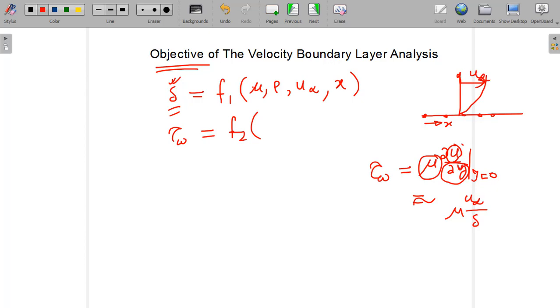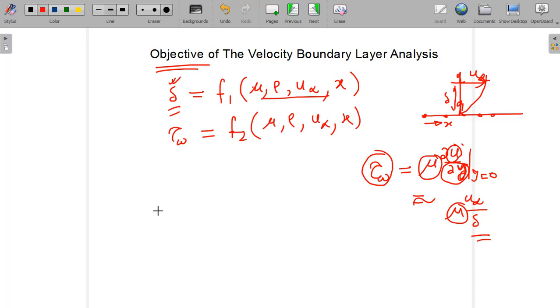The maximum value of y within the boundary layer is delta, the boundary layer thickness. So the wall shear stress will depend on these quantities only. Mu and delta, as we have already seen, depend on these quantities, so mu, rho, u infinity and x are the quantities on which the wall shear stress will depend.